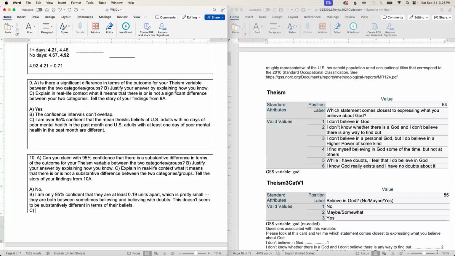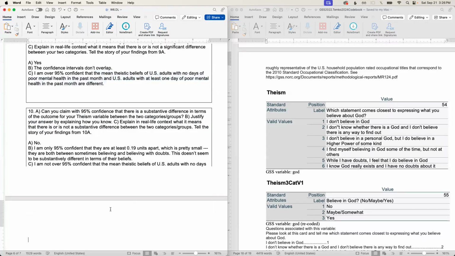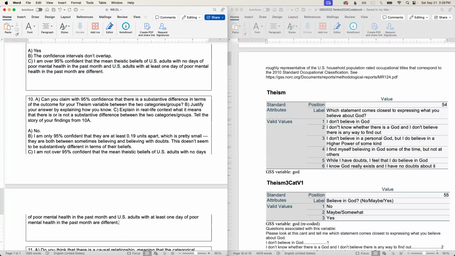So here I'm saying I am not over 95% confident that the means are sizably different, right? That they're different in the amount that matters. So I'm not over 95% confident they are meaningfully or substantially different. If I was saying they were substantively different, then I would say I am over 95% confident that they are.